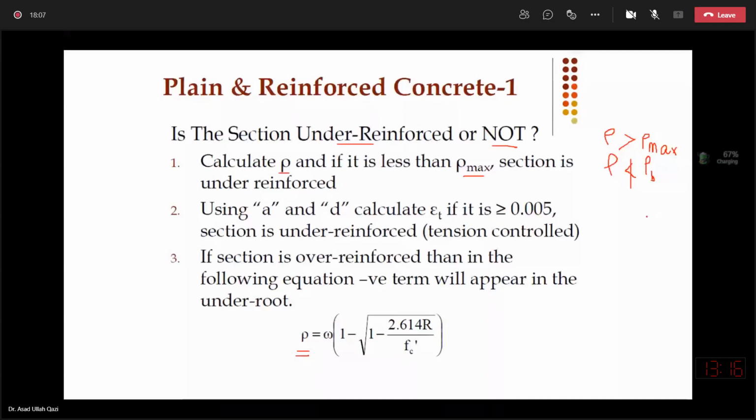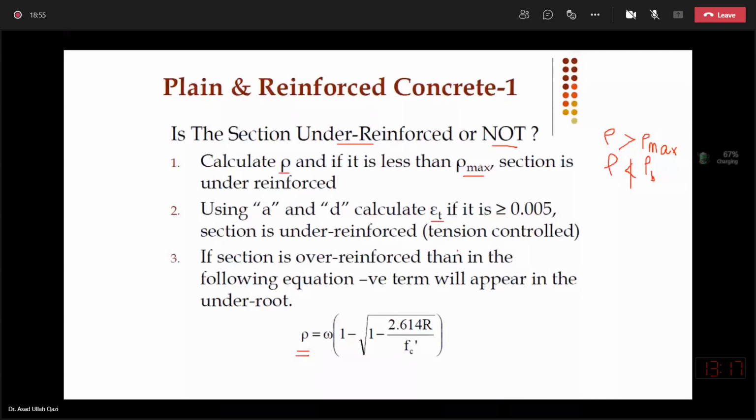Furthermore, you can also determine the neutral axis depth, which is the uniform stress block depth or neutral axis depth. After design, you can write the equilibrium equation and you can get a and then c. And this step I also have followed in the solved problem, which I have uploaded. So with this a and the effective depth of the cross section, you will calculate the strain in the farthest steel layer from the neutral axis.